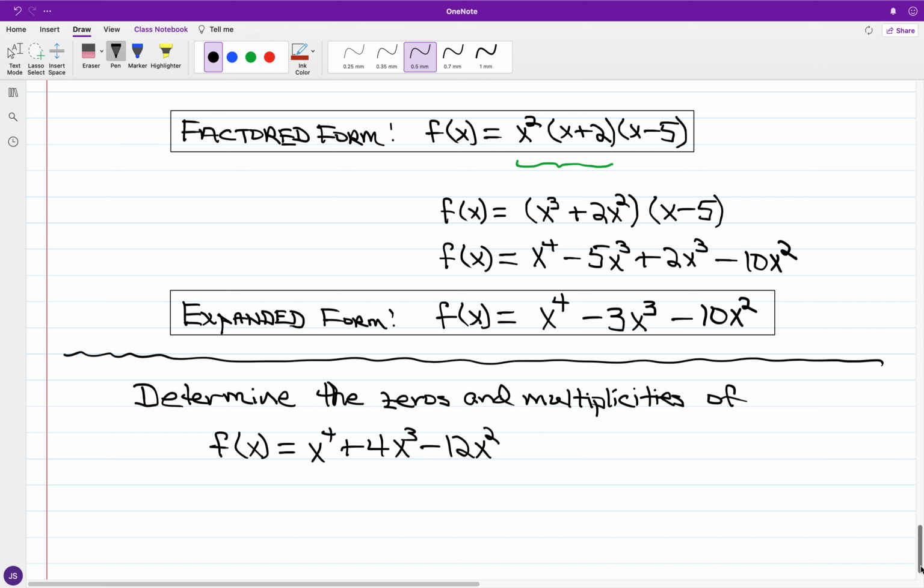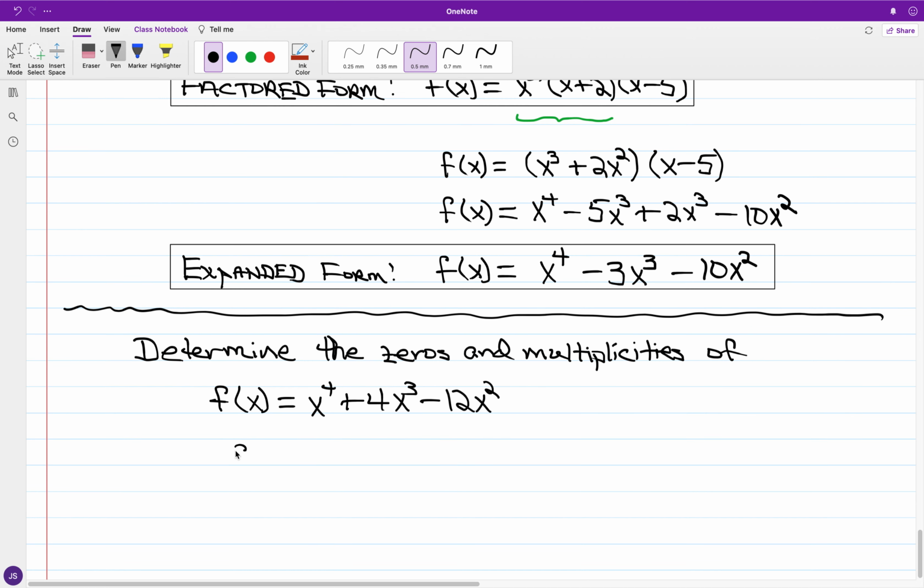So if I work through this, you have f of x is equal to x to the fourth plus 4x cubed minus 12x squared. If I look at factoring, the greatest common factor in the set is going to be x squared.